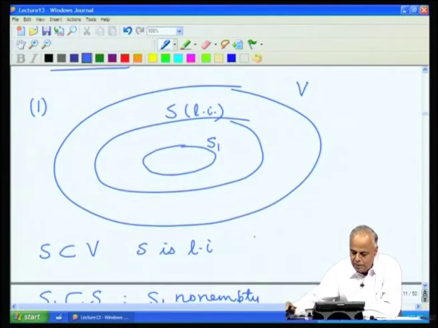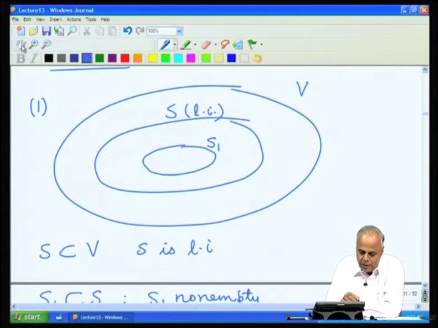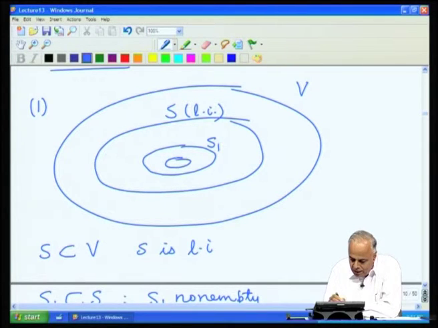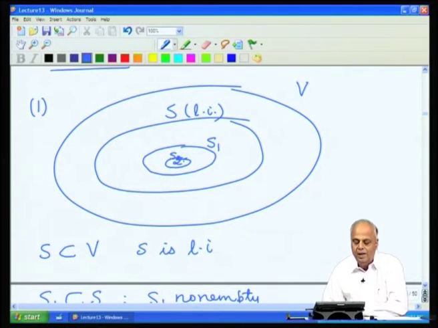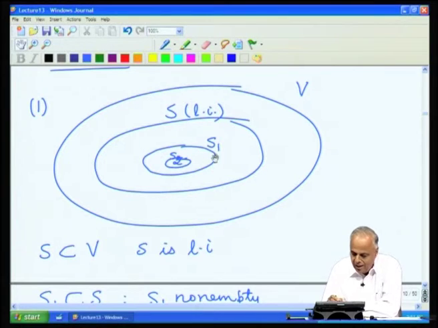So let us get back to the picture. We had a linearly independent set S and inside that is sitting a subset S1. This subset S1 is such that inside it is a set S2 which is linearly dependent. Now S2 is sitting inside S1 and therefore it is also sitting inside S. Therefore S2 is a finite subset of S which is linearly dependent.